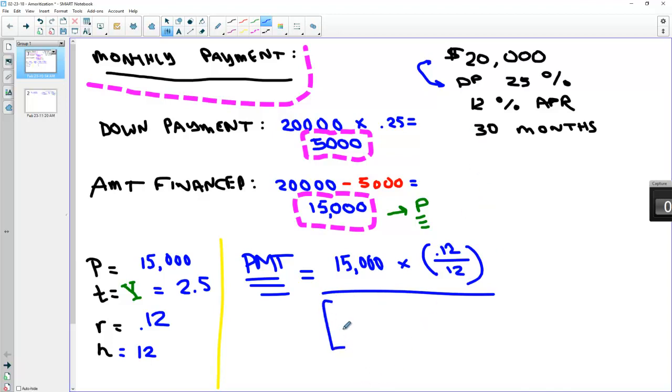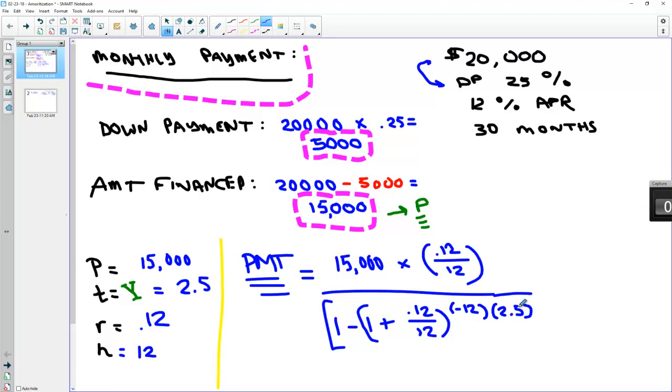Brace, 1 subtract 1 plus 0.12 divided by 12. Let me put this right, that's actually important right there. Negative N, which is going to be minus 12, and then Y, which is going to be 2.5 right here. All right, so we have that right there.